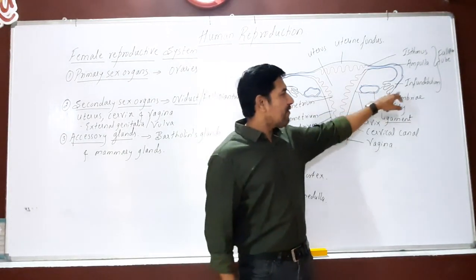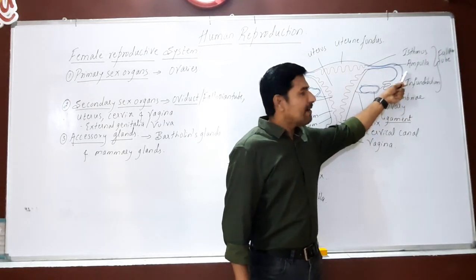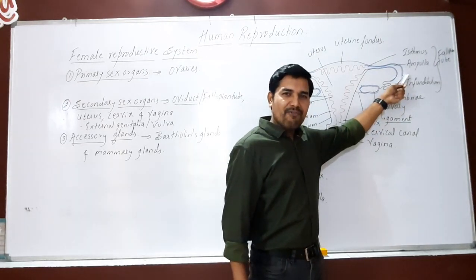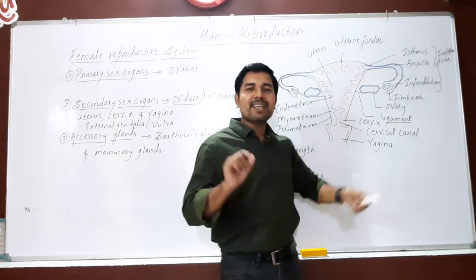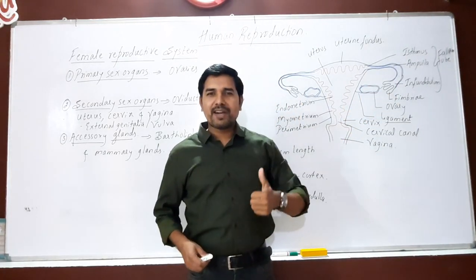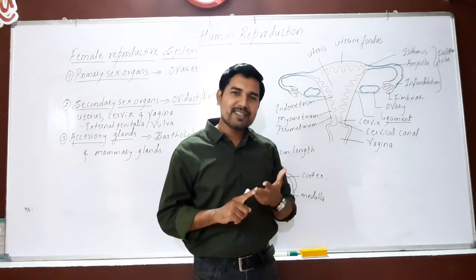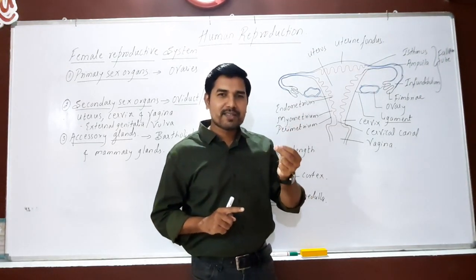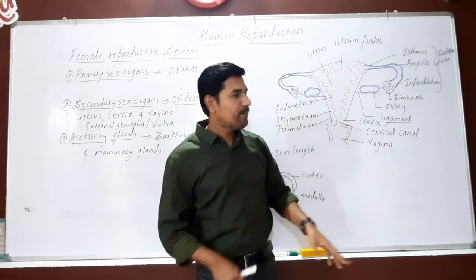The first part is the infundibulum, the second is the ampulla, and the last part is the isthmus. All these three parts belong to the fallopian tube or oviduct.